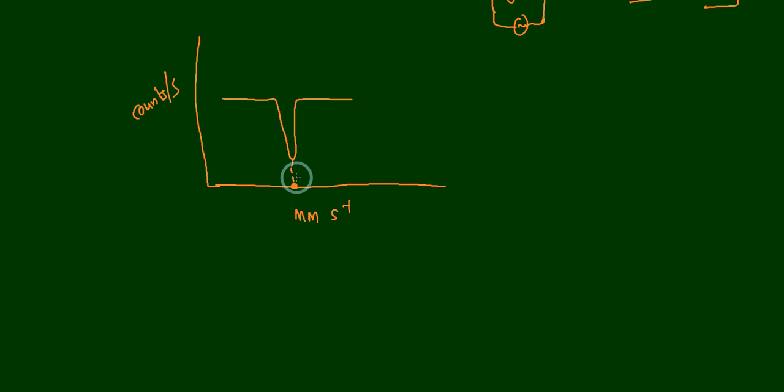So for iron in different chemical samples, this will be different, because the chemical surrounding is going to determine the difference in energy between the excited state and the ground state, and depending on that, different samples will give different positions in this spectrum.